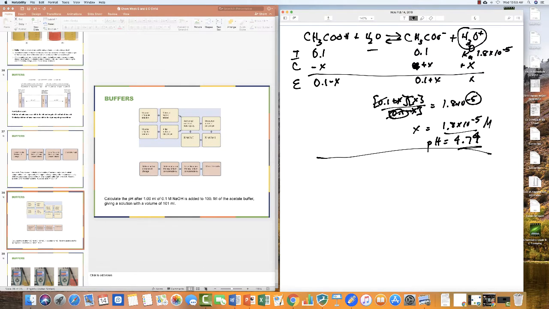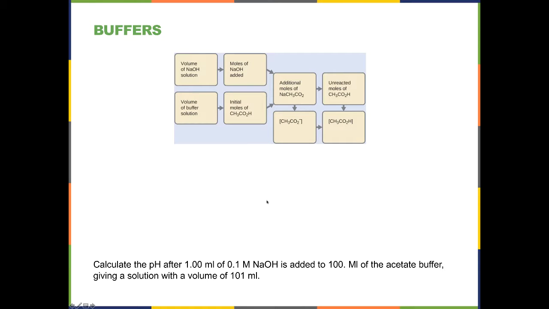Actually, I am going to blow this up so you can see this diagram. What you have to do is take the volume that you've added and calculate the moles of sodium hydroxide you're adding, the volume of the buffer, and the initial moles of acetic acid, and also the effect of that on additional moles of acetate, and what's left is unreacted acetic acid.